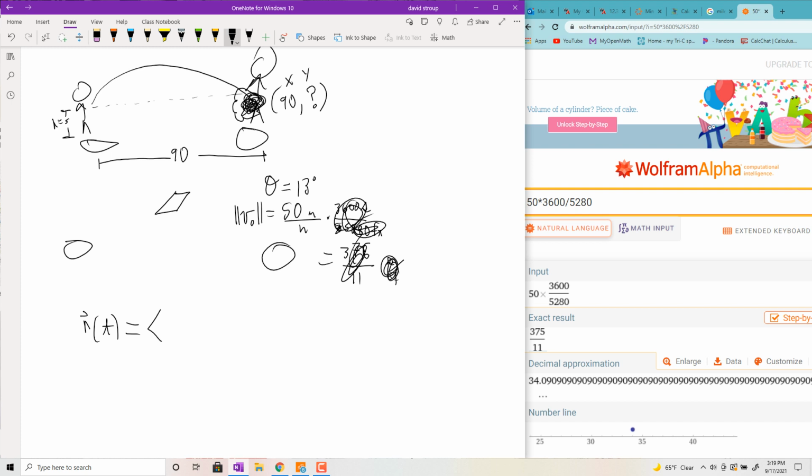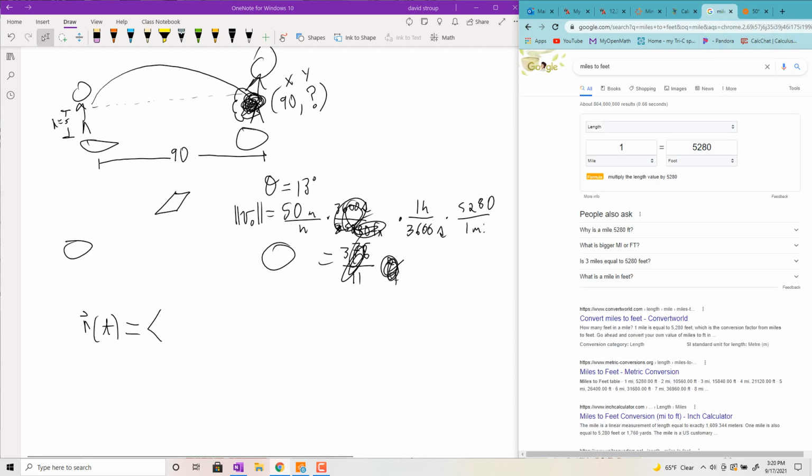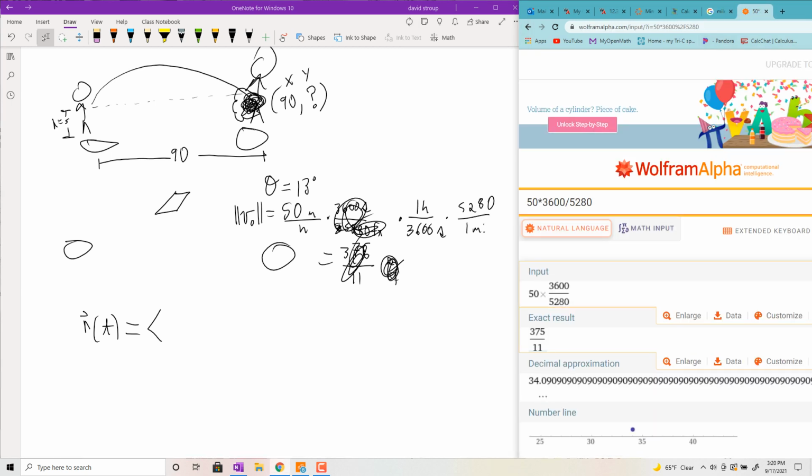So 50 miles per hour. In 1 hour there are 3,600 seconds, and in 1 mile, sorry guys, there are, what would I say, 5280. If I'm not right, that would screw up all my computations. So you gotta be super careful. 5280 is correct.